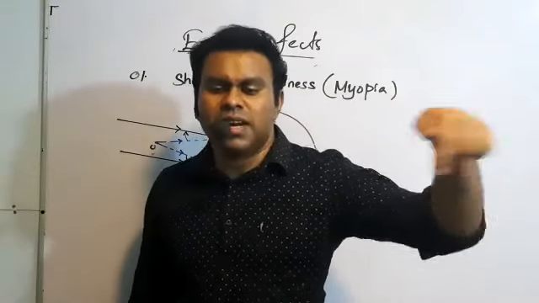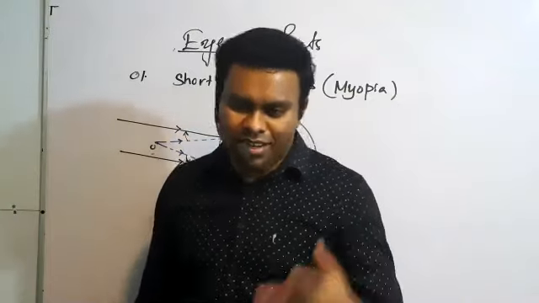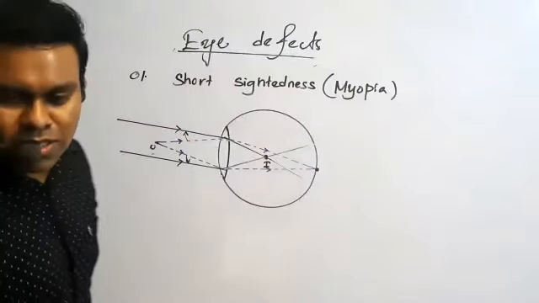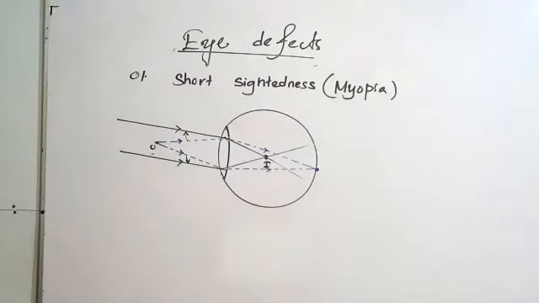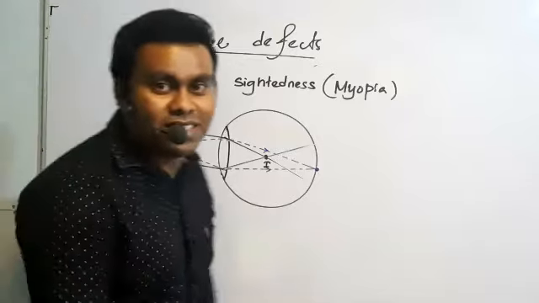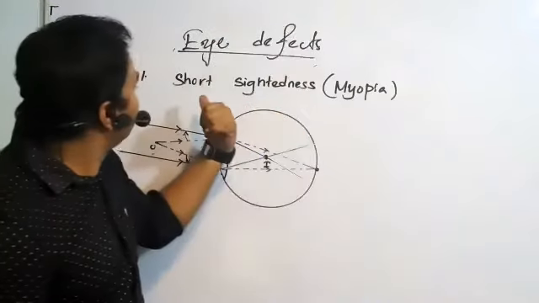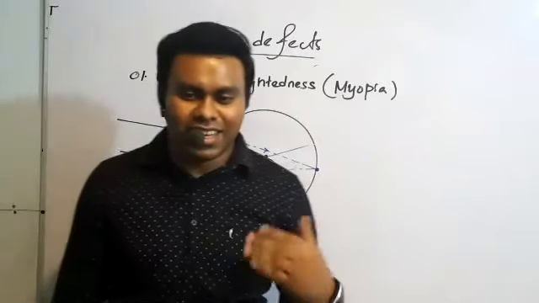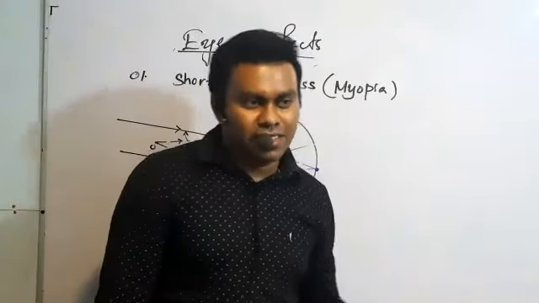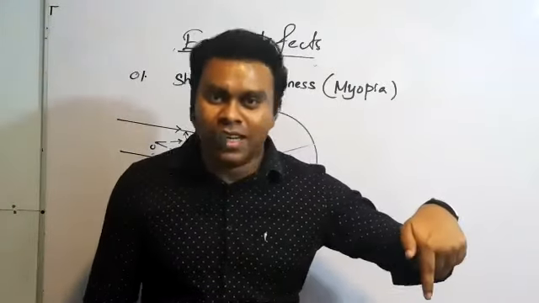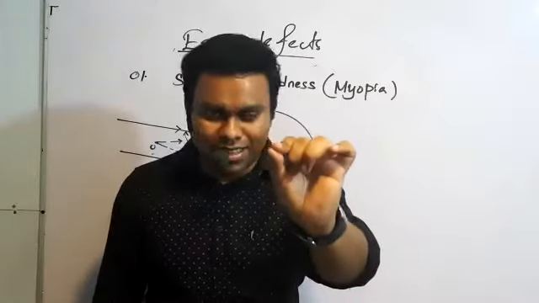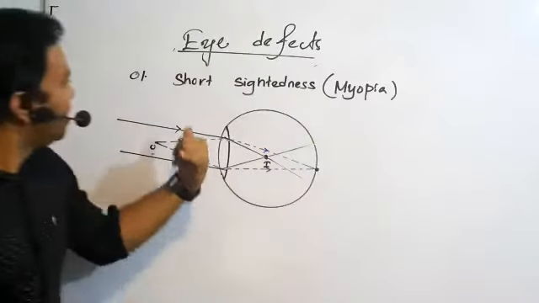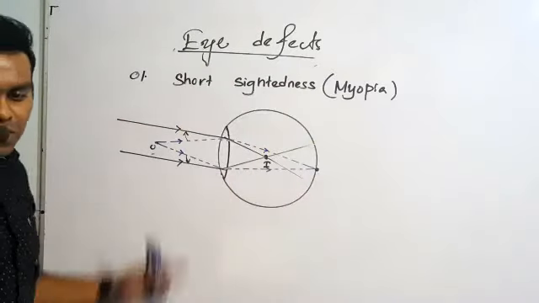Those are the two types of diseases. One is diarrhea, the other one is short-sightedness. So that's diarrhea. Okay, this one is short-sightedness. Now draw this.